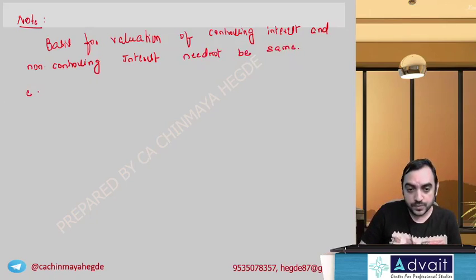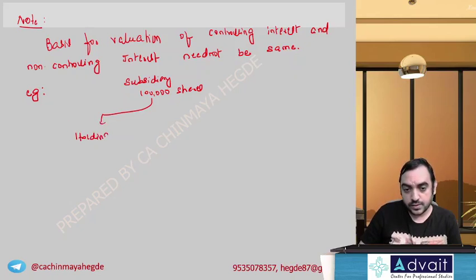Let me give an example. Suppose the subsidiary company has, let's say, 1 lakh shares, and the holding company acquired 80% for, let's say, 85,000.